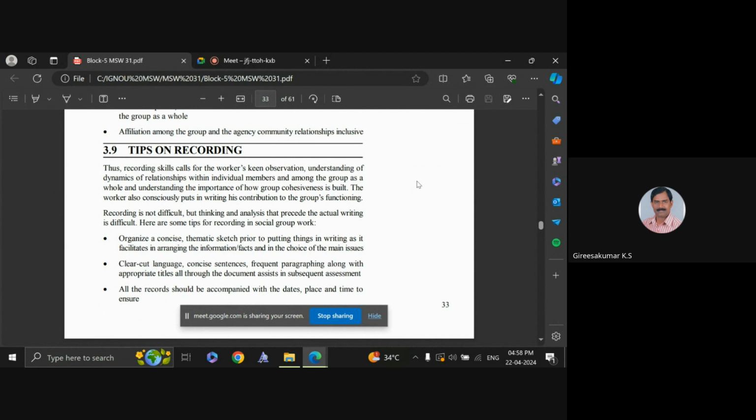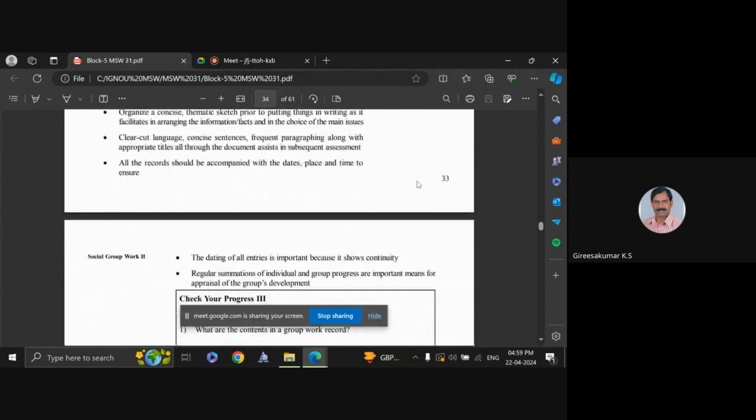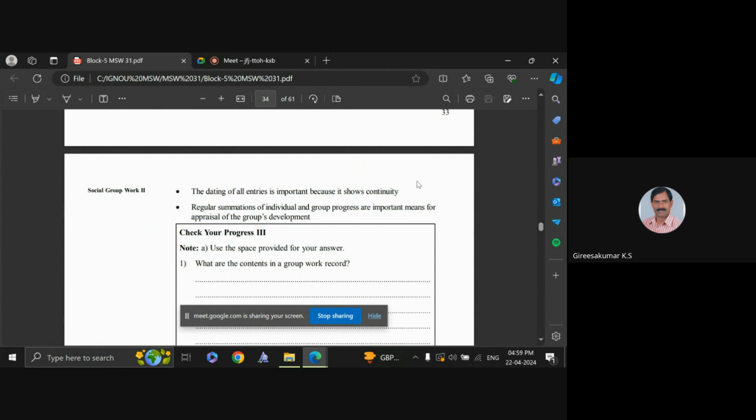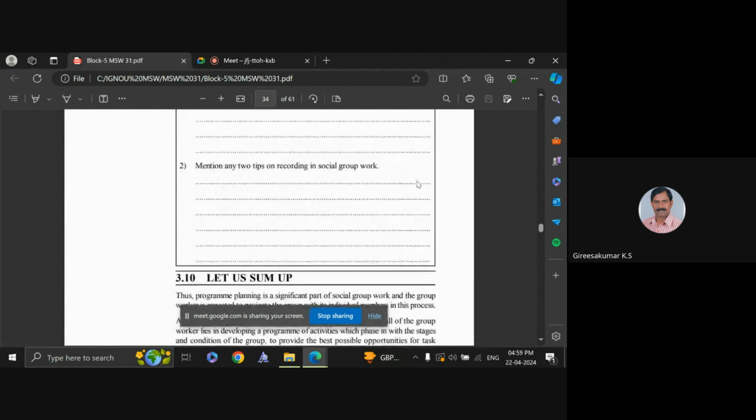Then clear-cut language. The recording should be in clear-cut language. These are all tips. The dating of entries is also very important because it shows continuity.